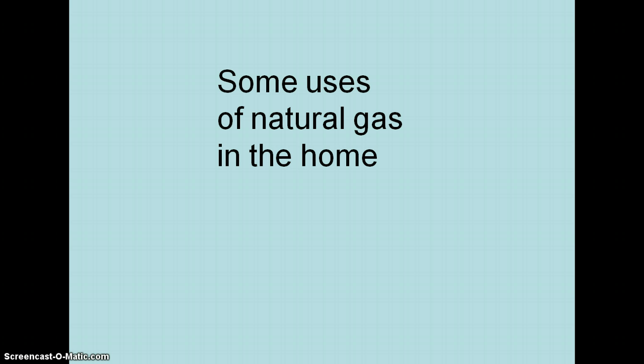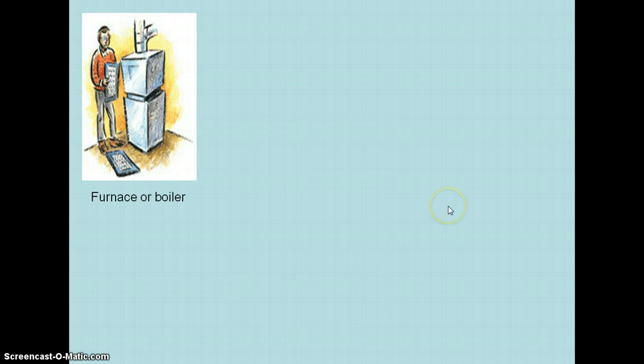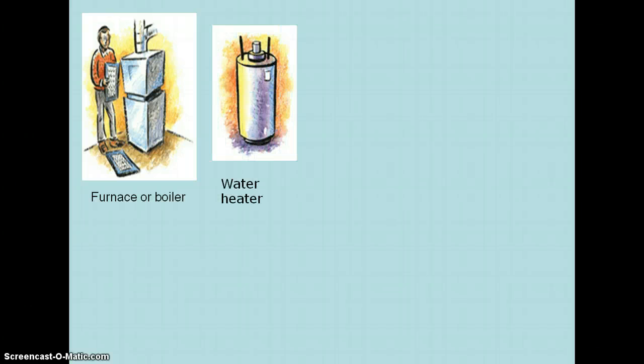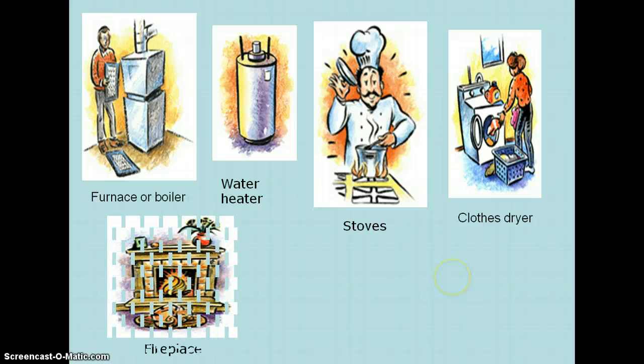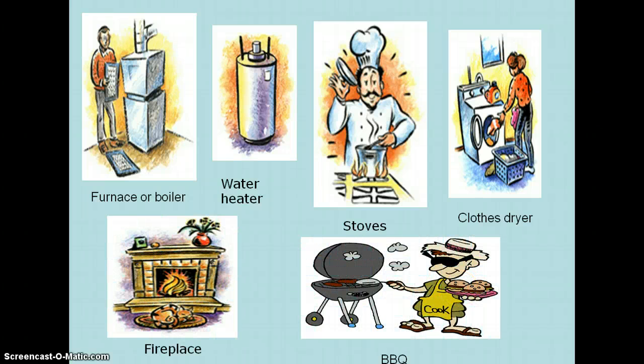Now, unlike coal, natural gas can directly be used in the home. So I would consider that an advantage. Some other uses in the home, and I just talked about this a minute ago, like for your boiler, water heater, stoves, clothes dryer, fireplace, and barbecue.